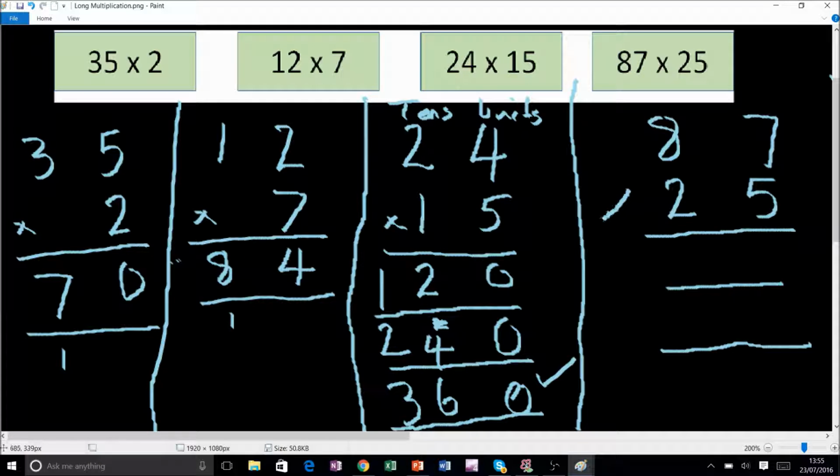And we're timesing. So follow me very, very carefully, guys, because you can get lost in this. So 5 times 7 gives me what? 35. So I'm going to put my units here and carry our tens, our 3 here. 5 times 8 gives me what? 40. 40 plus the 3 gives me 43.